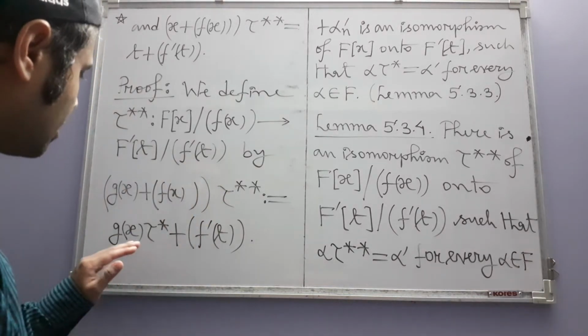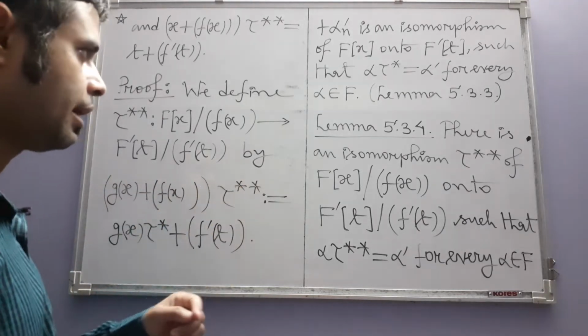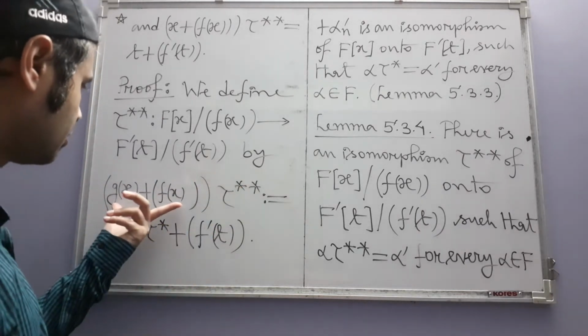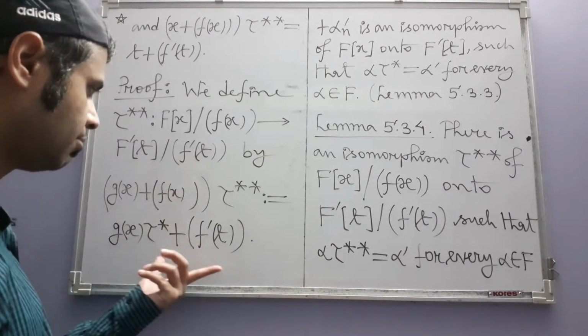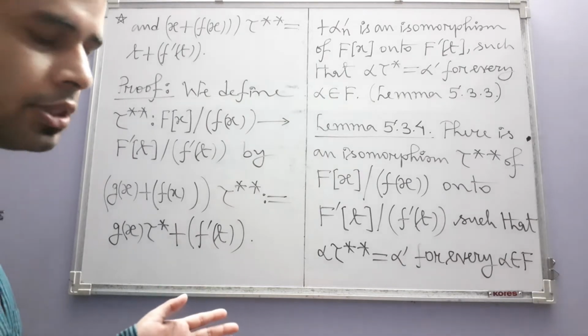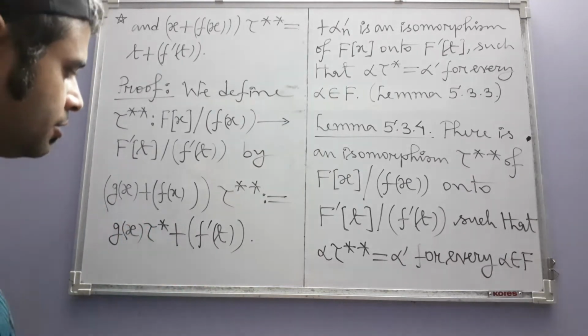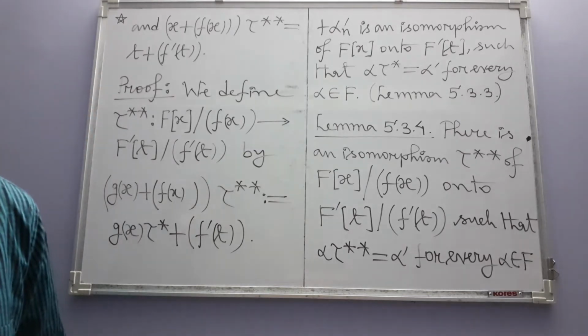So we need to first see that this thing belongs to this set, and then we need to prove that for a given input there is only one output, uniqueness of the output. Once you show these two things, then you can say tau star star is well defined. So let's see that first of all.